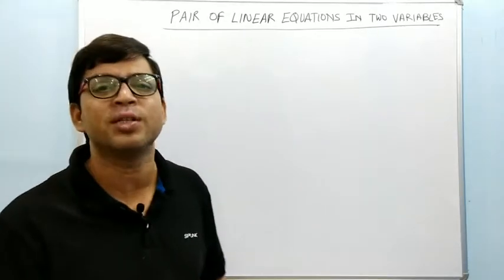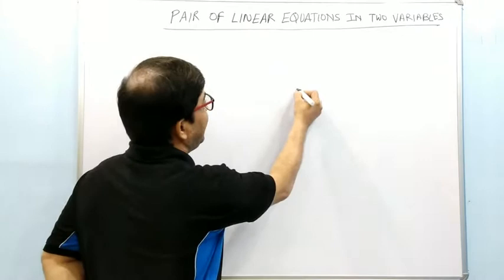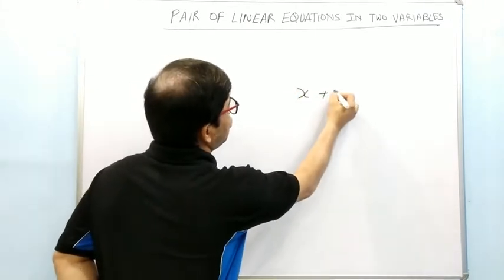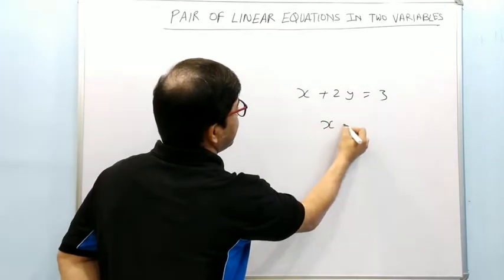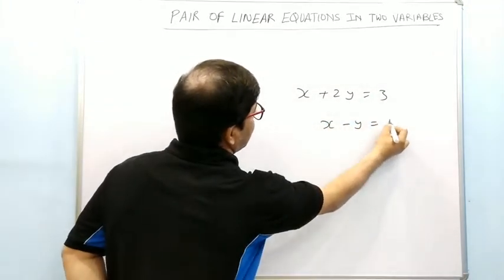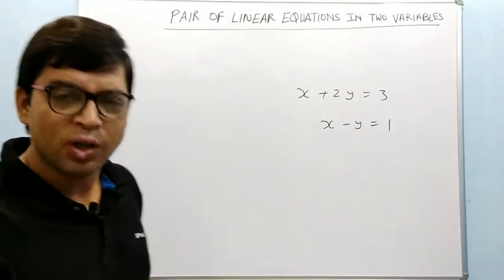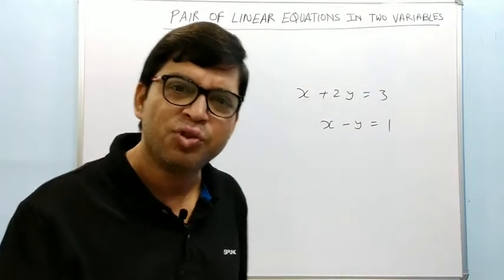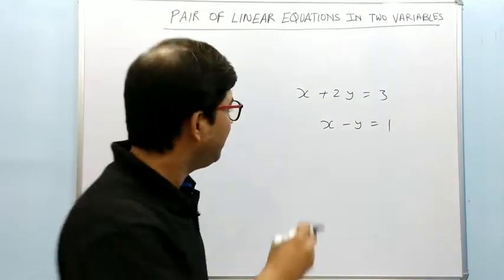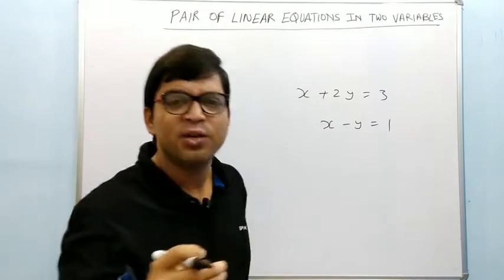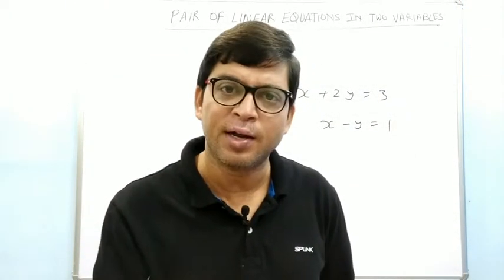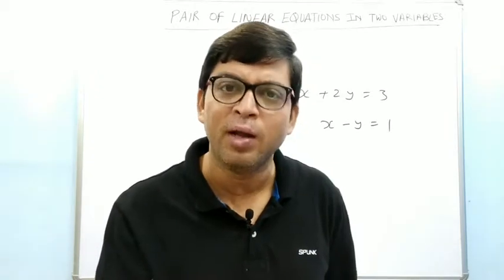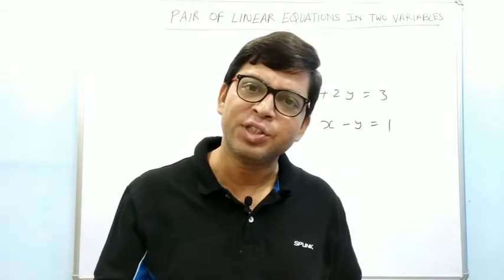Very simple, very easy method. Anybody can do this. See, if two equations are like that, x plus 2y equal to 3 and another equation is x minus y equal to 1. We need to solve the equations. Substitution method says you just get the value of one variable in terms of another variable from any of the equations.